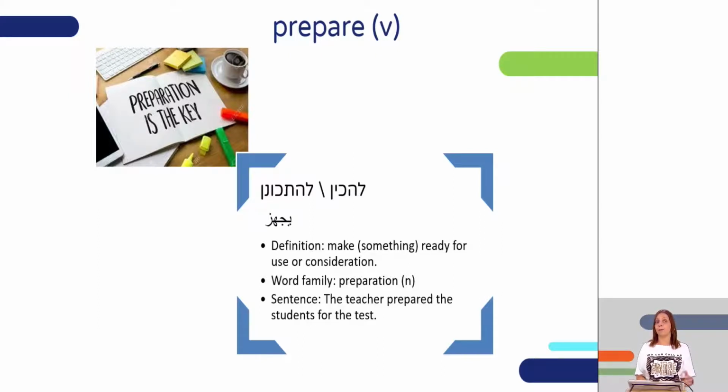So you can prepare someone, him or her, or you prepare things. As we mentioned, for example, I prepared everything for the journey, or I prepared my students for the test, or for the exam, or for the interview, whatever.